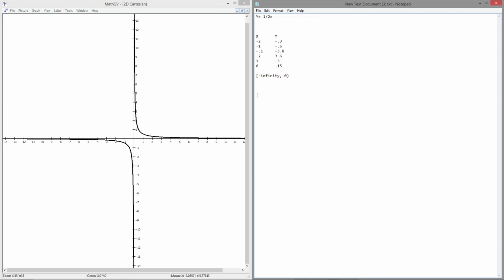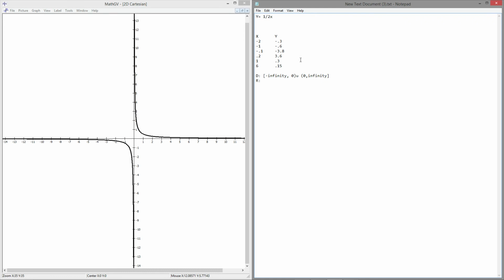This, of course, is for our domain. We're going to put this U for union, and we're going to put 0 because it still doesn't touch 0. So then it goes to infinity. Now, of course, you can write the sign, but I currently cannot due to stuff.